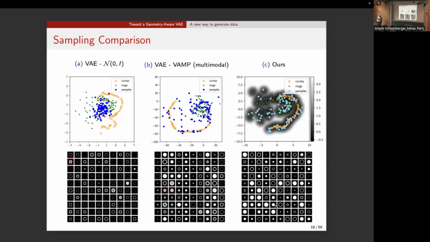Good, just a quick step aside. If you look at the vanilla VAE itself, still, you see that the rings are kind of on a line, okay? There are still ones on the line that you can draw.